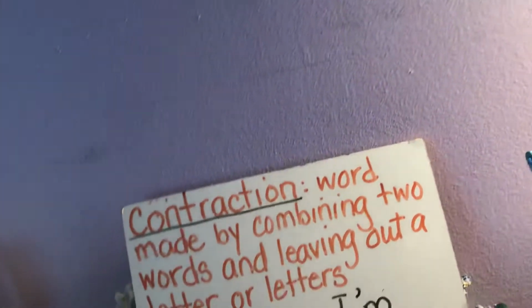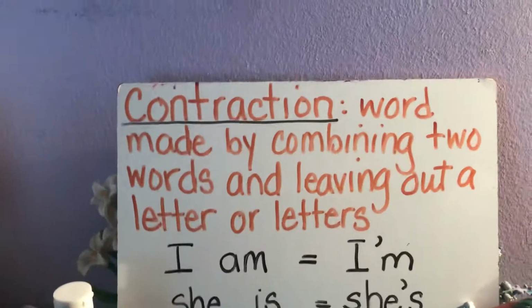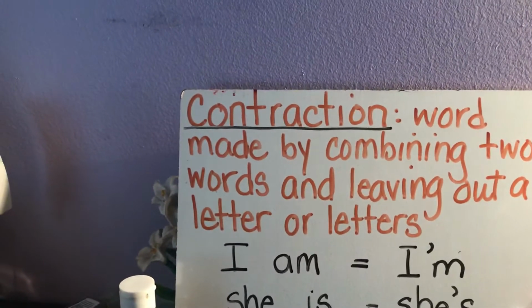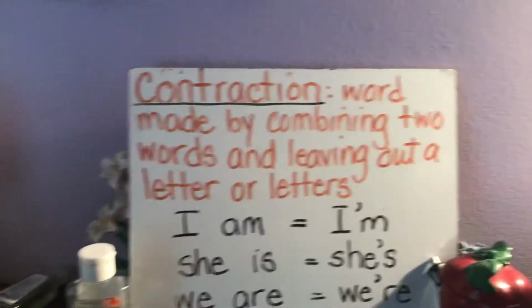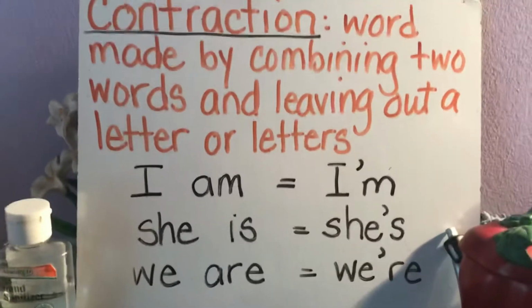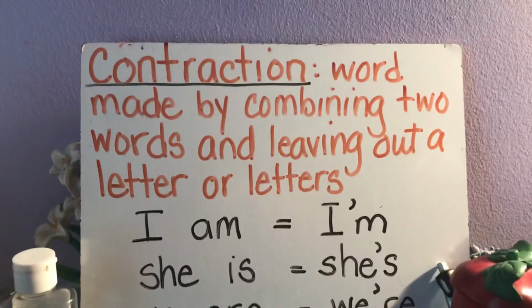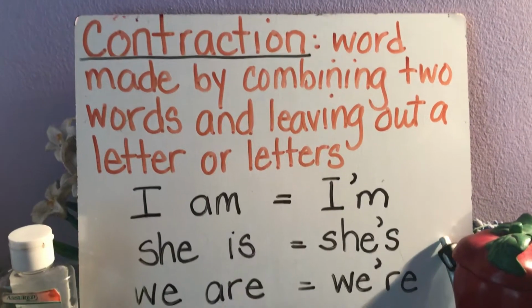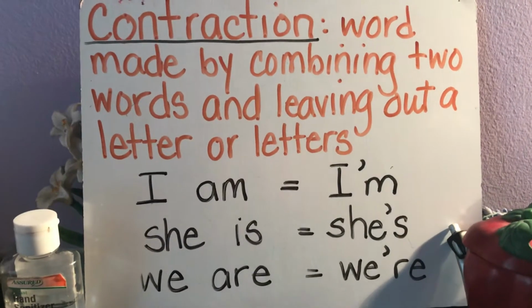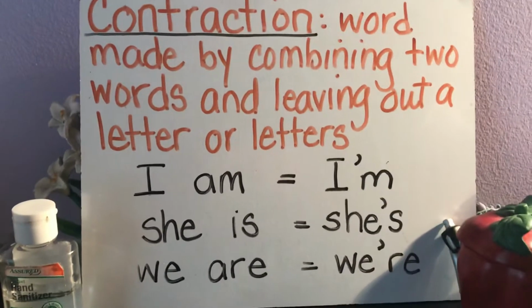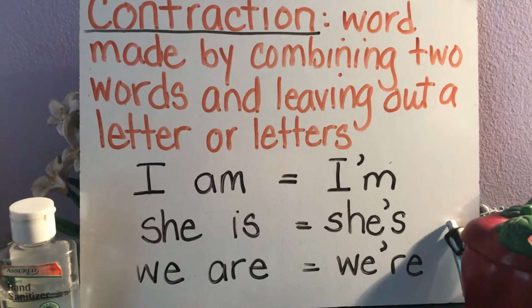Today, we're going to talk about contractions. And the title of my book today is If You Were a Contraction. Now, contractions are words made by combining two words and leaving out a letter or letters. And I gave you 3 examples. I and am equals I'm.